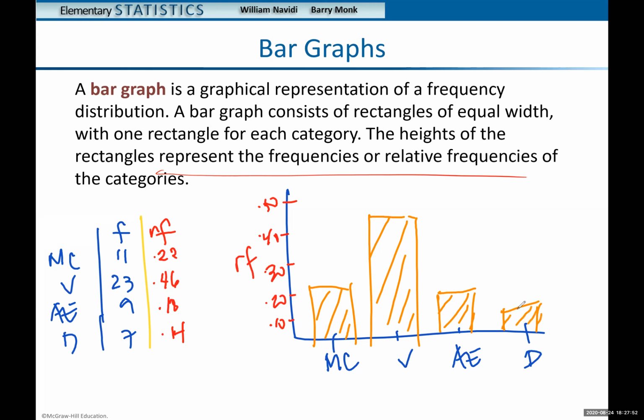So this is the bar graph using RF. And if you notice, they are exactly the same as using the frequencies, same shape of the bars. Okay. Questions? None.